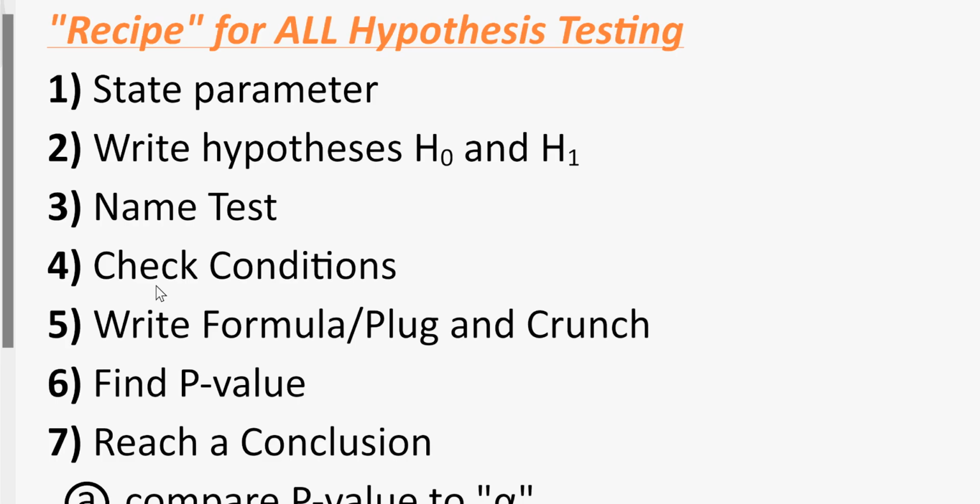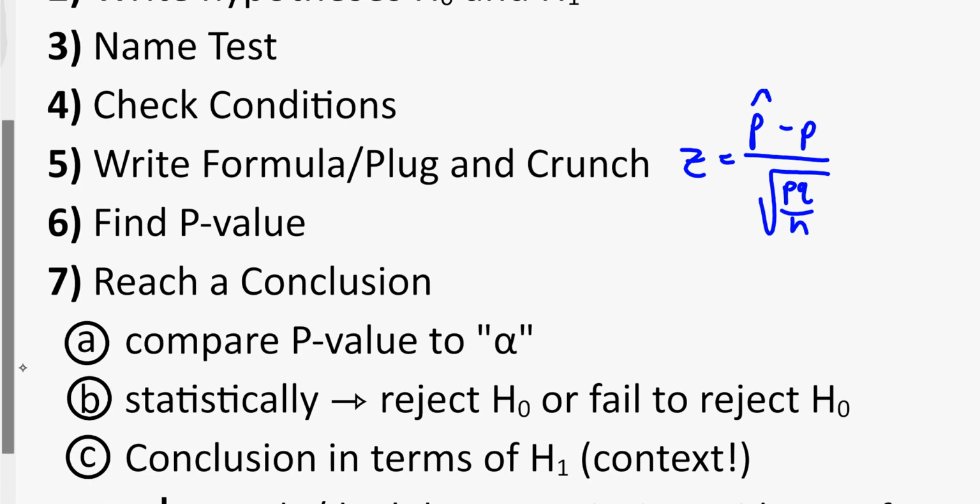That deals with finding a z value that fits with whatever the situation is. In this case, we're doing p hat minus p because we're dealing with proportions, over the standard deviation for a sampling distribution of proportions, which is right there. Once you get that, you can go to your normal curve, look at your z-table or normal CDF and find the p-value.